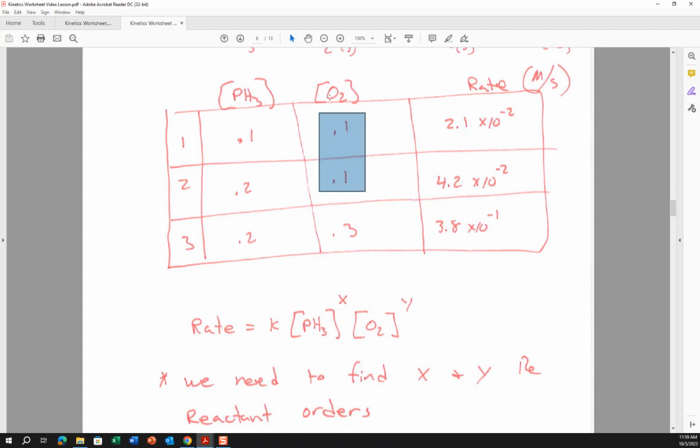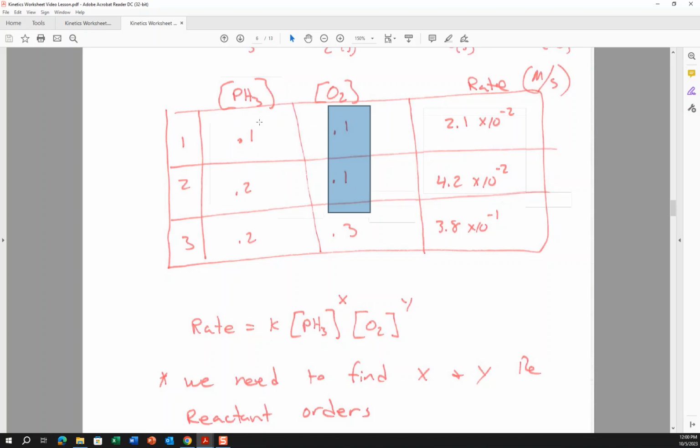Now, what does that mean? It means anything that happened to the rate is due to this change. We know that the amount of O2 didn't affect the rate because we didn't change it between those trials. So if I'm looking for this reactant order, I'm going to look at these 2 trials because it's where I changed that particular reactant, but I didn't change that particular reactant.